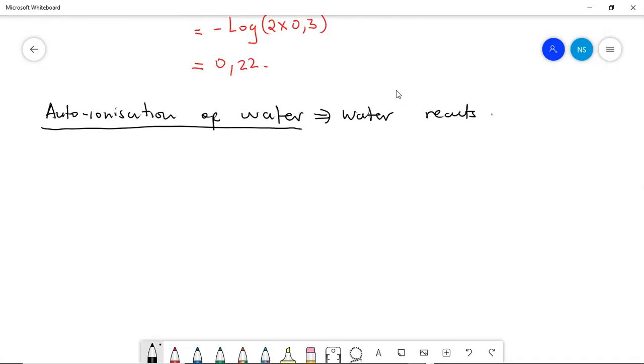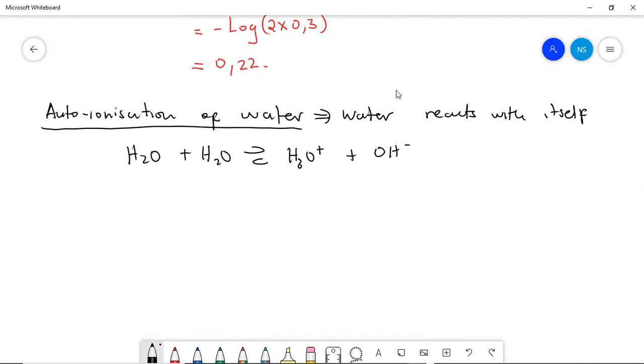Through this equation, we have H2O plus H2O, which will give us, as one of the two will act as a base and the other one will act as an acid, H3O plus and OH minus.